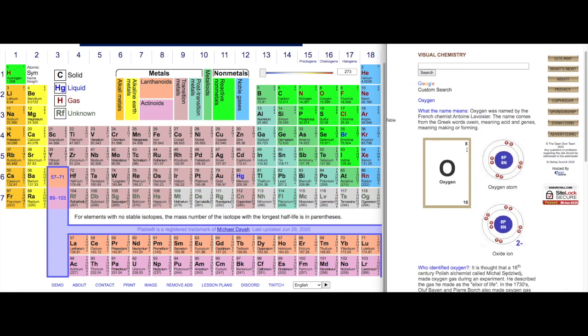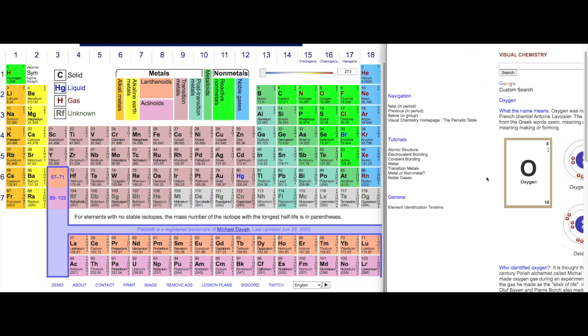And since it has 1 fewer electron compared to fluorine, it has 2 spaces here where it would like to have electrons. So if it can fill those 2 spaces with electrons, it now has a -2 charge.